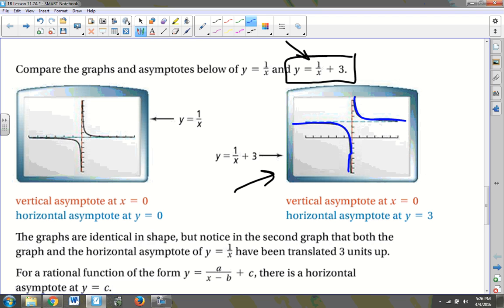But there's a line still that we will not ever cross, and that is right here at y equals 3. Okay?